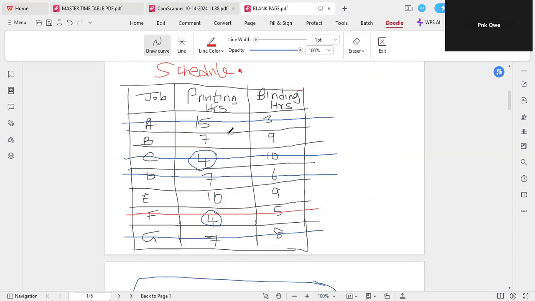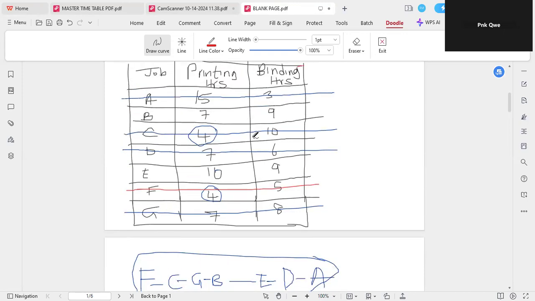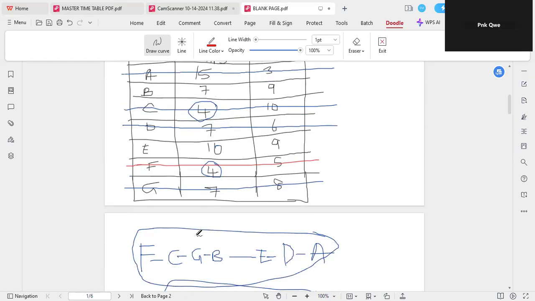You cancel the job that has been worked on. The remaining job is the one which has 4, so check which one has a smaller processing time on the other side. It's F, which will be done first. Then the other one that remains is 4, which is C. Job C will be done after F.